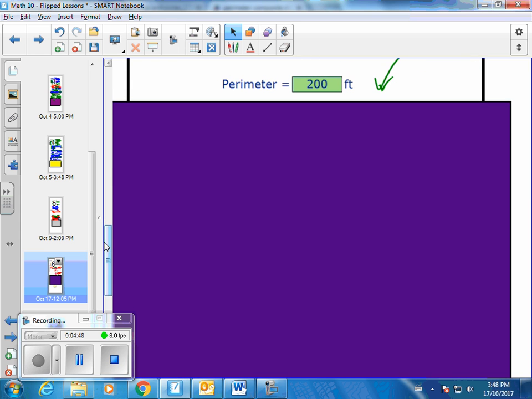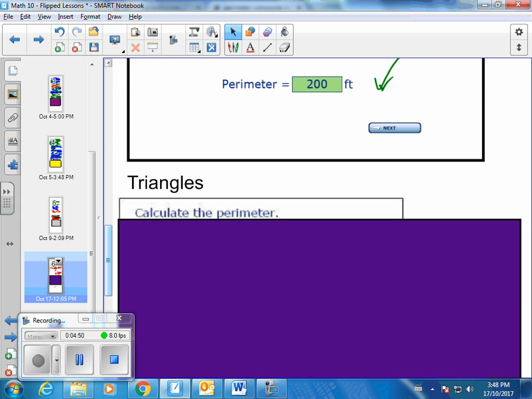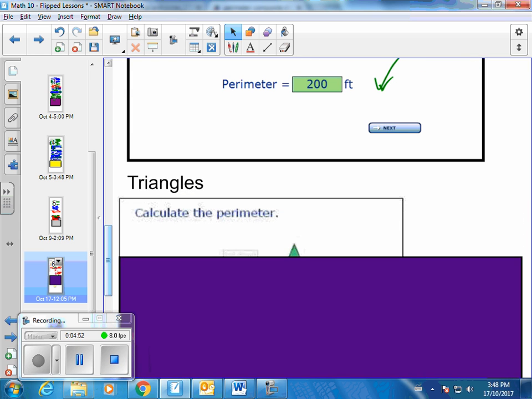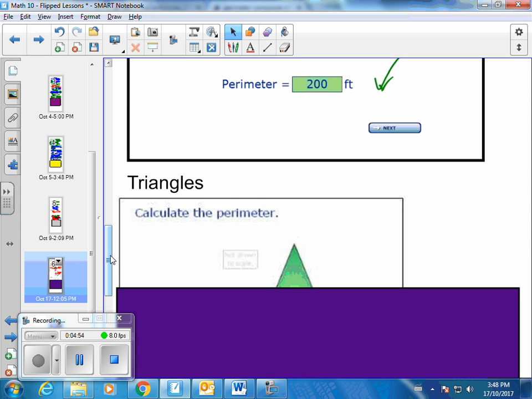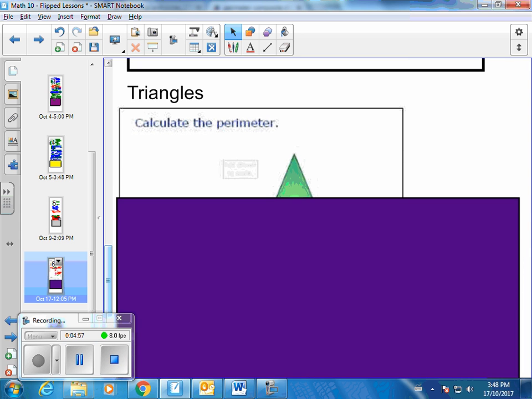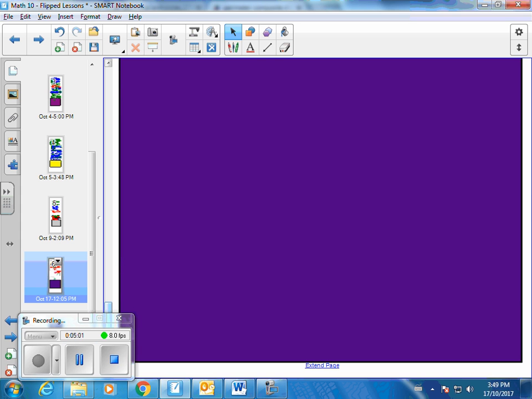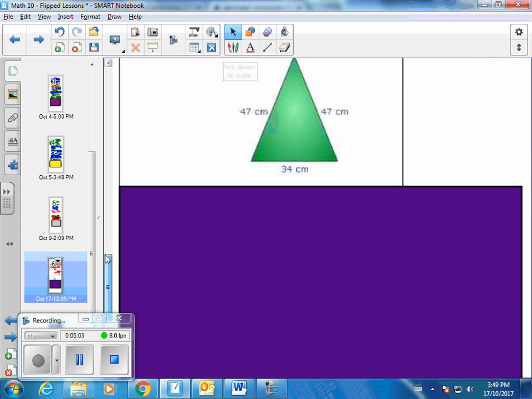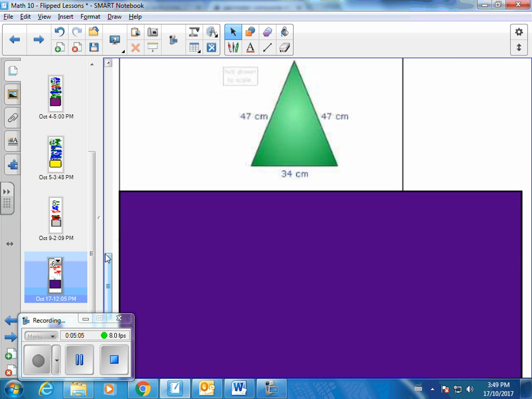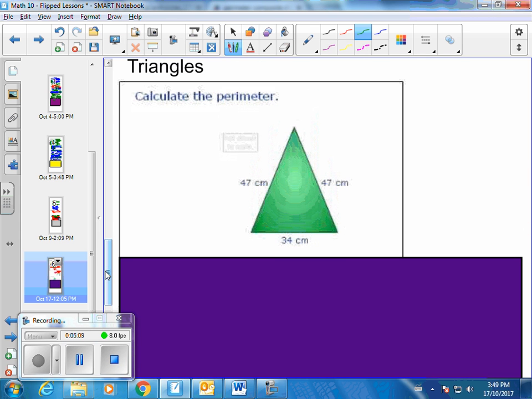Very easy. But what happens if we lose a side? Oh no, we're going from squares and rectangles to triangles. We've lost a side. We're down to only 3 sides. Well, if anything, it actually becomes a little bit easier for us. I only have 3 sides to add up. My perimeter is not going to stay the same. Perimeter equals add all sides.